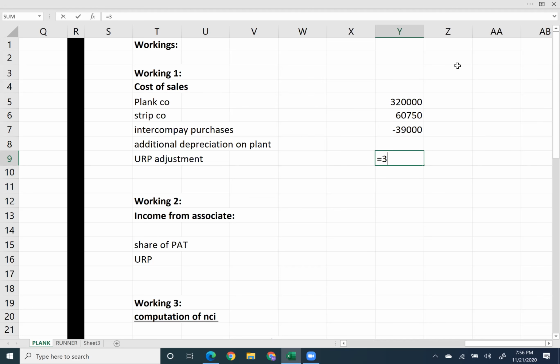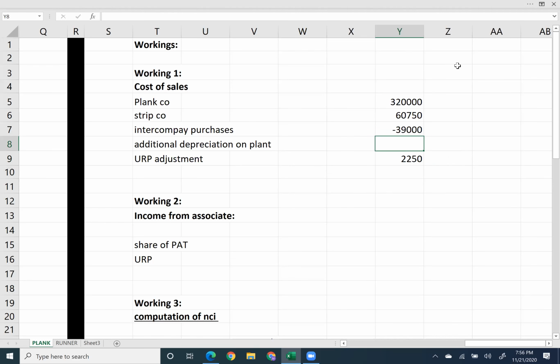See, 39,000 times 30 divided by 130, and times 1 upon 4 means times 0.25. I taught you URP calculation on the other screen. 2250 is the URP.